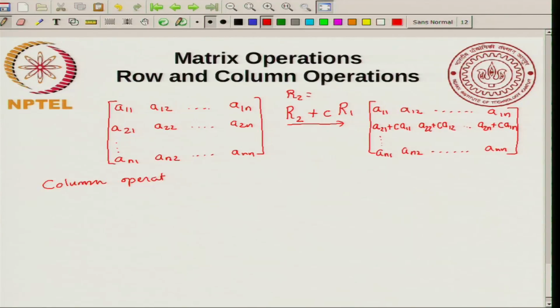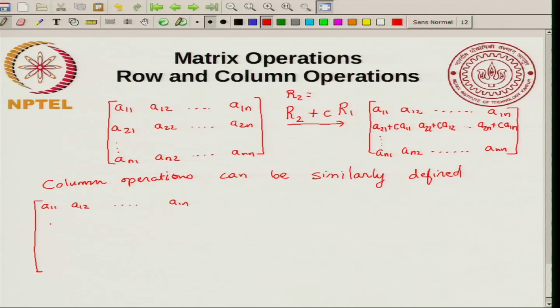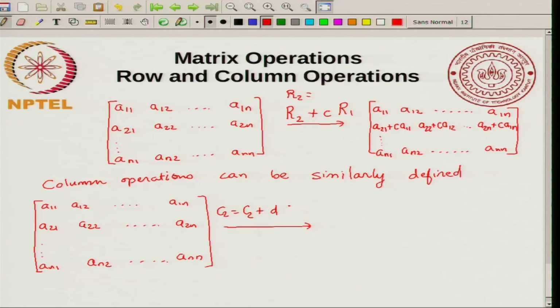You can also have column operations, which can be similarly defined. For example, if you have the same n by n matrix A and you do a column operation C2 equal to C2 plus D times C1, that means you do not do anything to column 1, A11, A21 up to AN1, but to column 2 you add D times column 1.